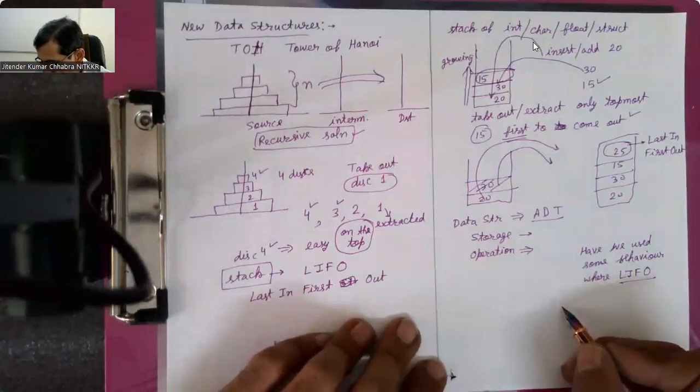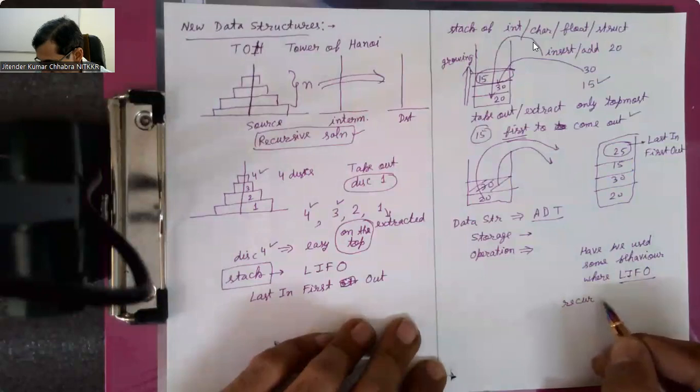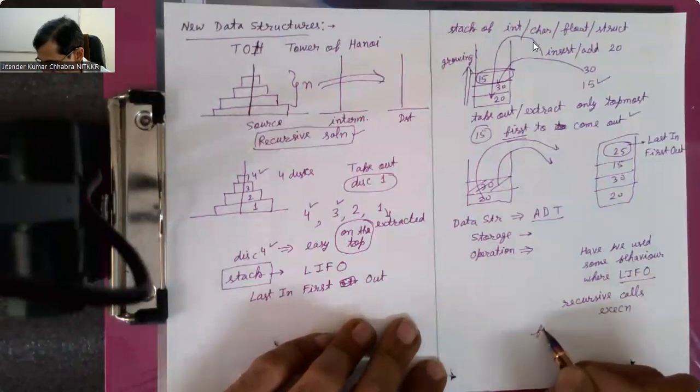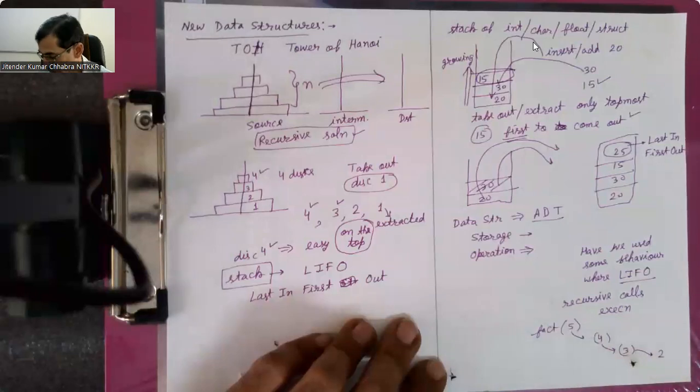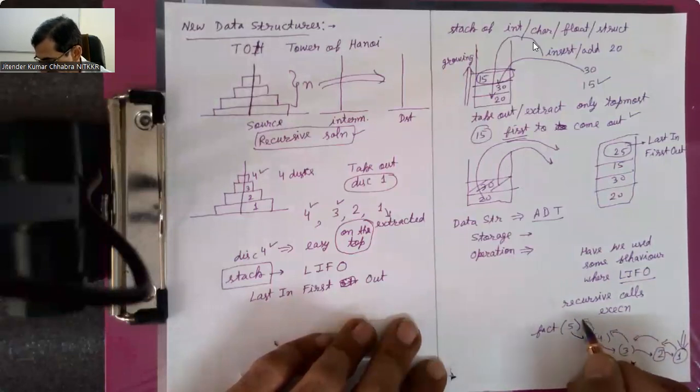If you remember, recursive calls and execution. For example, we talked of factorial of 5 initiating a call to factorial of 4, 4 initiated a call to factorial of 3, 3 initiated a call to factorial of 2, 2 initiated a call of factorial of 1. Factorial of 1 was the last to be initiated, but the first to complete. And then the reverse. So this was a kind of stack behavior.